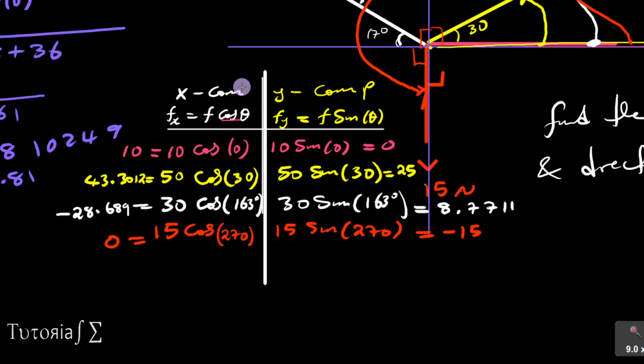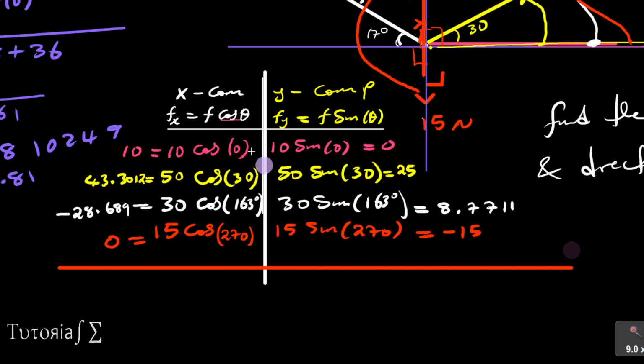Let me just clean it a bit. All right, so now after doing that, we can now add. So we'll say the forces in the x. Forces in the x will be equal to, so we add this, so that is 10 plus this minus this.